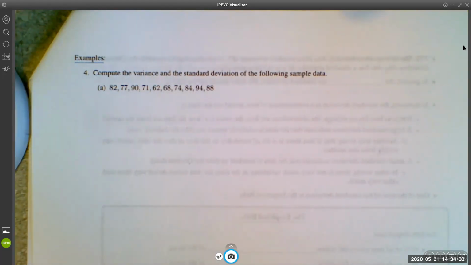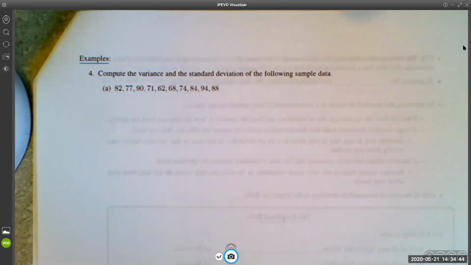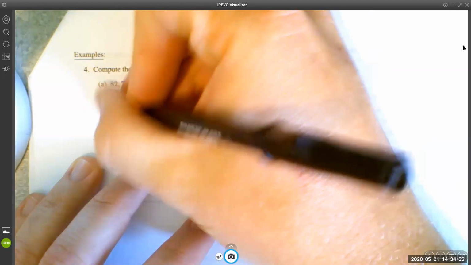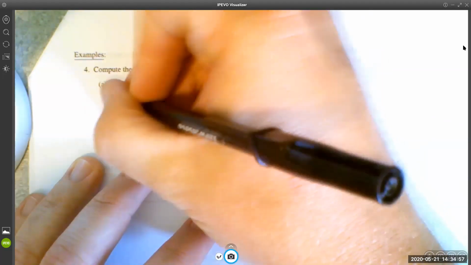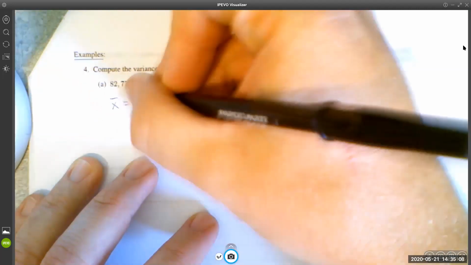This says compute the variance and the standard deviation of the following sample data, and here's our first data set here. Okay, so in order to compute the variance and standard deviation, the first thing we need to do is calculate the sample mean. So the sample mean x bar is going to be 82 plus 77, and so forth.